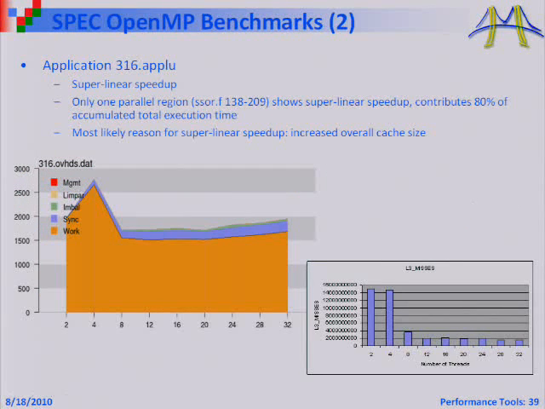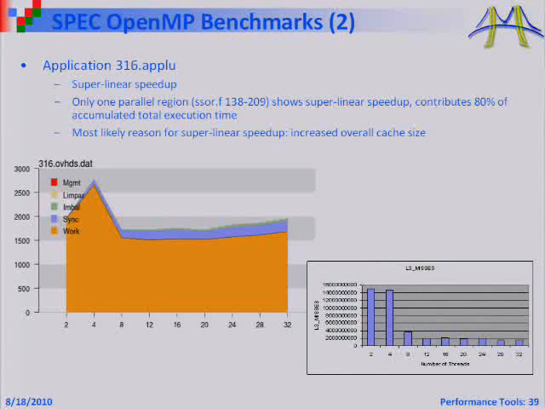Here's another example of where you can actually see superlinear speedup. That's an application from the SPEC parallel benchmark suite. And at least as you go from 2 to 4 processors here, you see that the accumulated wall clock time actually decreases. And well, what can be the reason for a superlinear speedup?